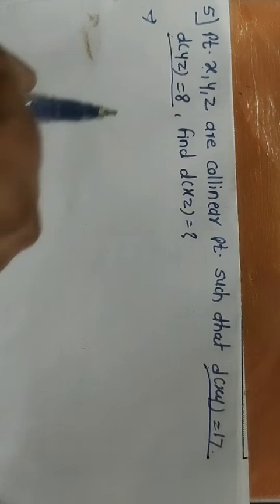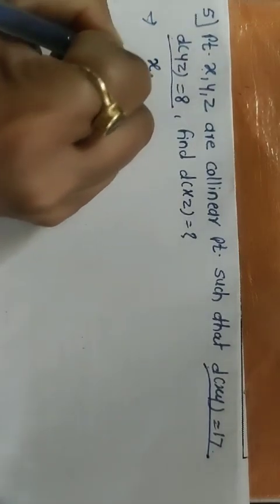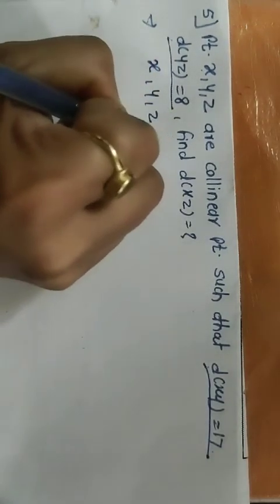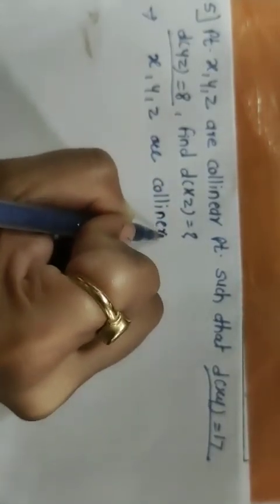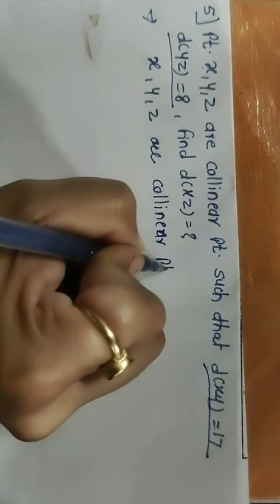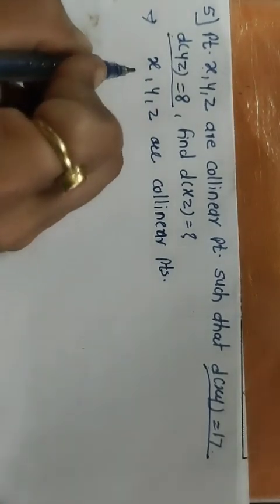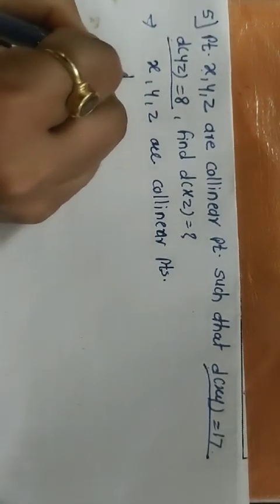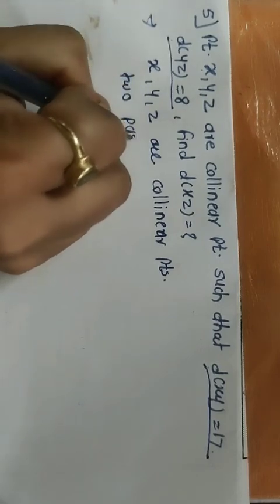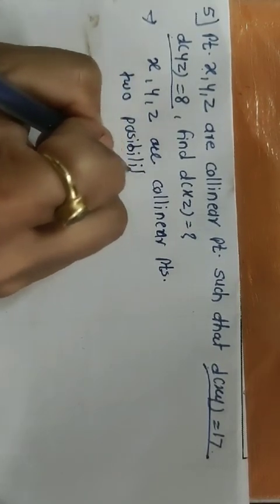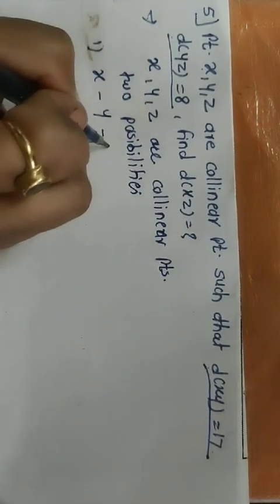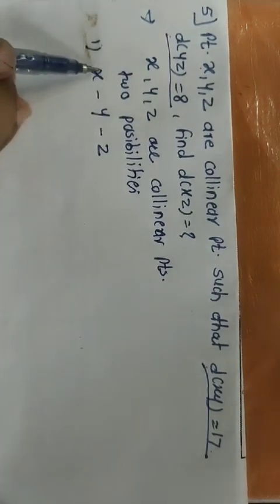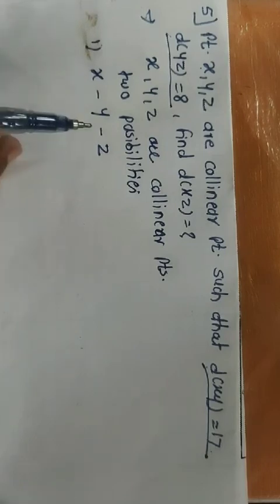For this, here we are given X, Y, Z are collinear points. So here we get two possibilities. The first one is X-Y-Z. It means that Y lies in between points X and Z. It is our first possibility.